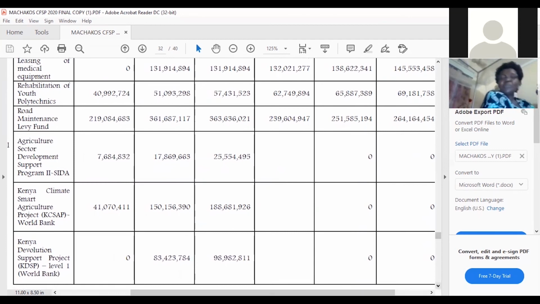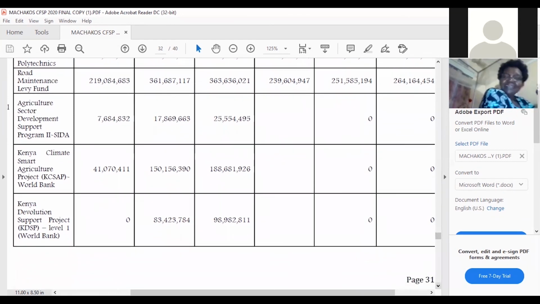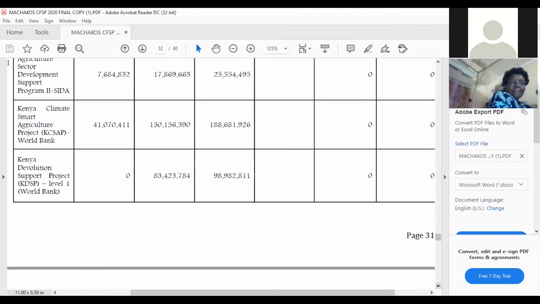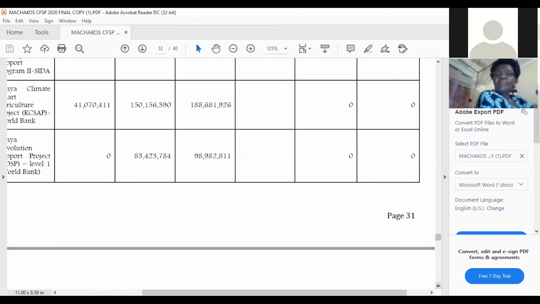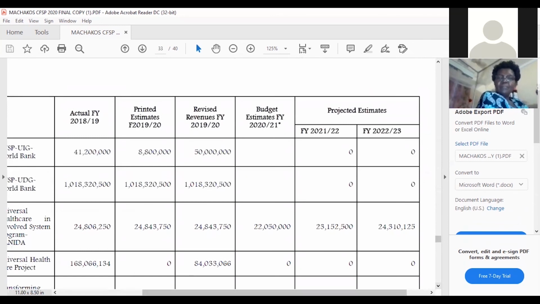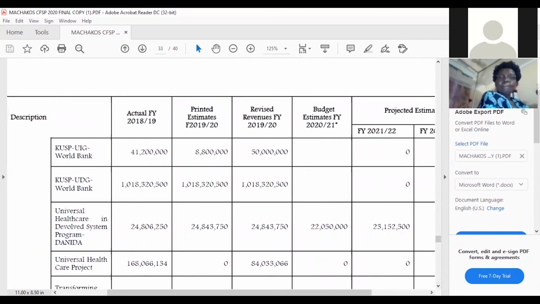Yeah, that might also be exactly the reason why. Even you can see, even Kenya Devolution Support, no money was given. So if it is zero, then that means they will not receive any money. So you can see even for the World Bank, no money. Even the World Bank, this other one, no money.